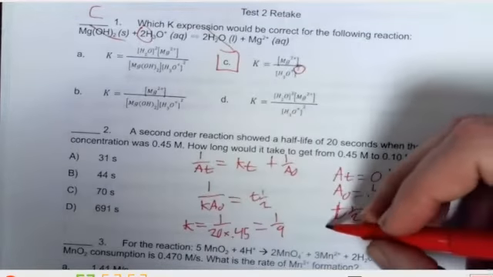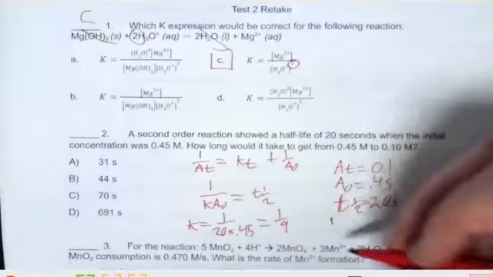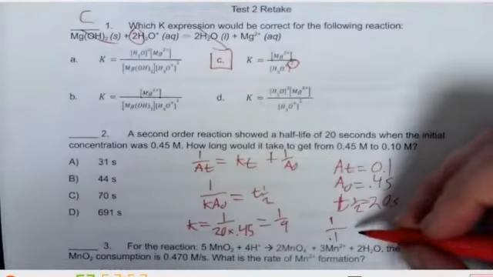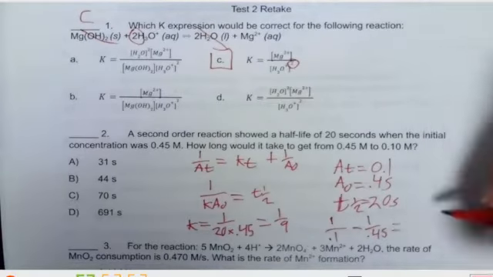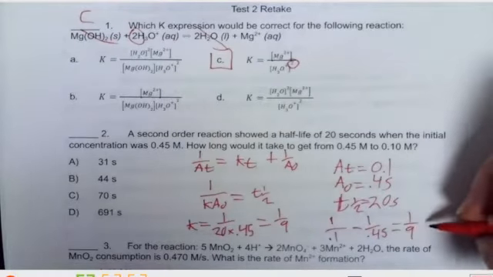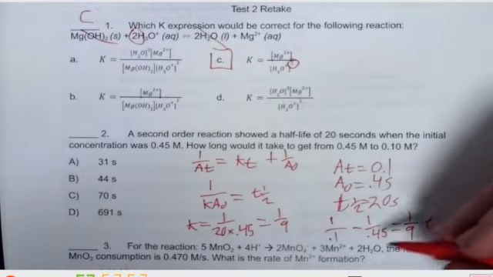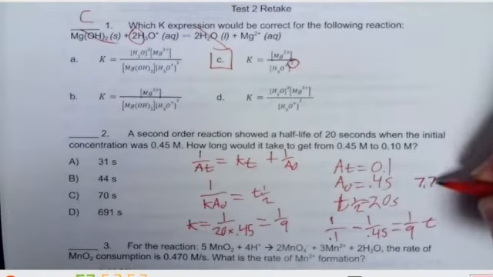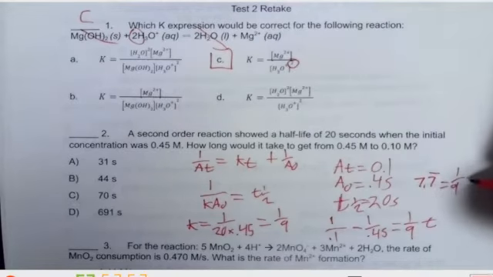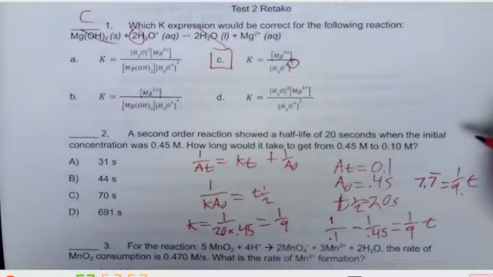You have 1 over 0.1 minus 1 over 0.45 equals 1 over 9 times T. You do that, you get 7.7 repeating equals 1 over 9 T. You multiply 9 to both sides.